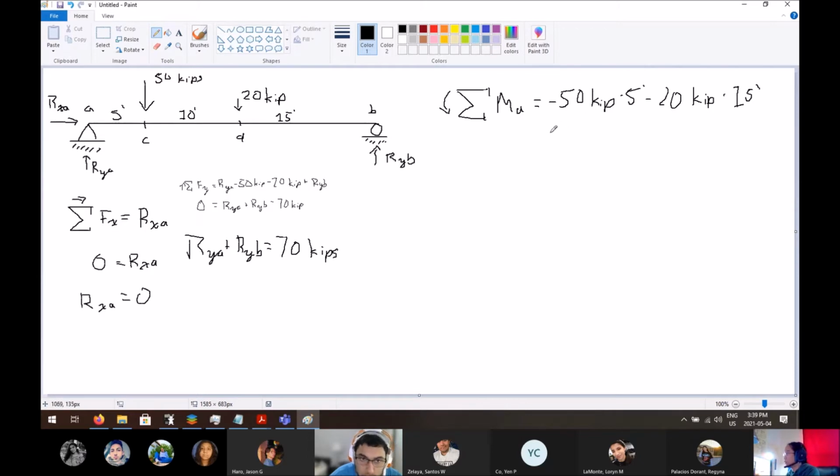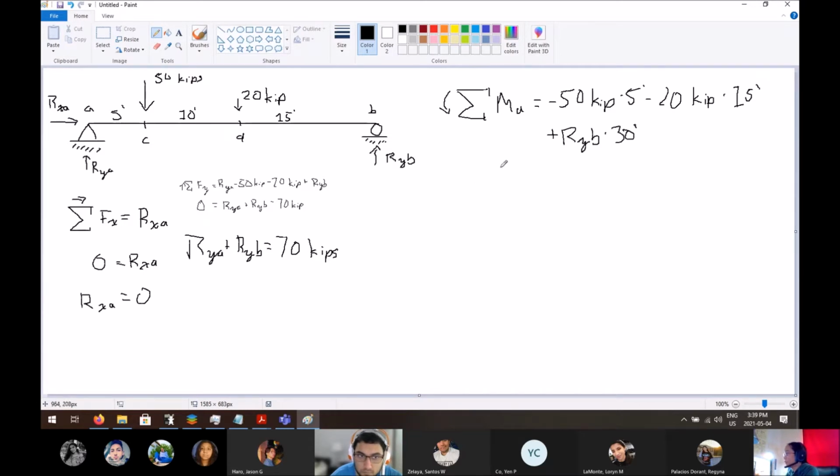And we have this RYB, so plus, because it's going up, now it's going to go counterclockwise around A. So plus RYB times how far away is that from A? That would be 5, 10, 15, 15 plus 15, 30 feet, right?